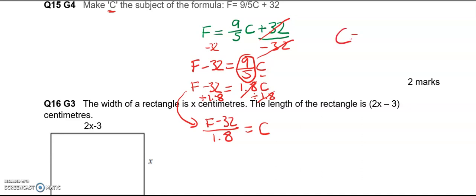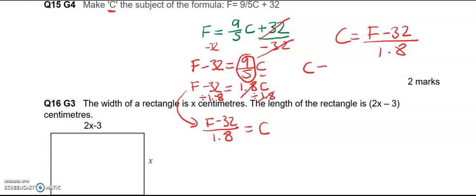So C is equal to F minus 32 all divided by 1.8. If you kept the fraction instead, this would be written as F minus 32 divided by 9/5.